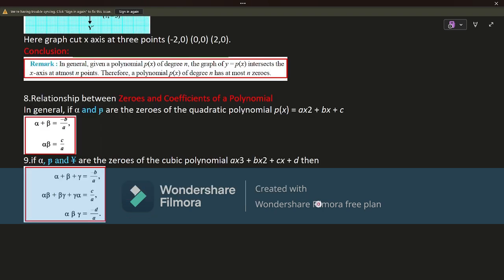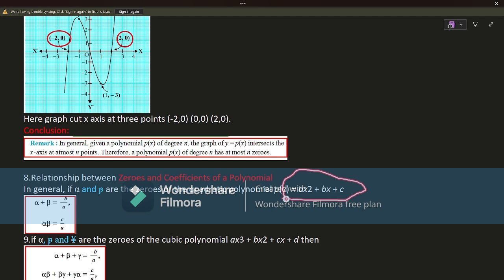The relationship between the zeros of any polynomial and the coefficients of the polynomial. For example, if alpha and beta are the 2 zeros of a quadratic polynomial, we can say that alpha plus beta equals minus b by a, and alpha into beta equals c by a.